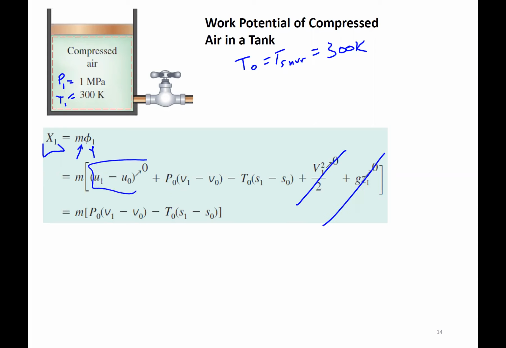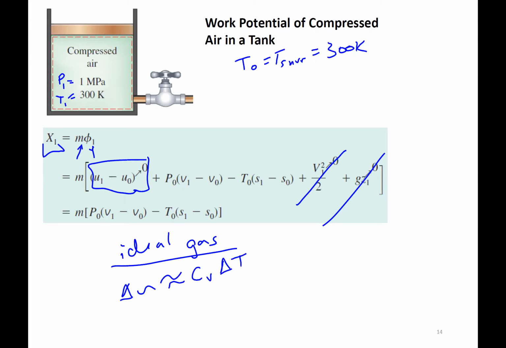This term also goes away because we have an ideal gas, compressed air, and delta U is Cv delta T, which is T1 minus T naught.